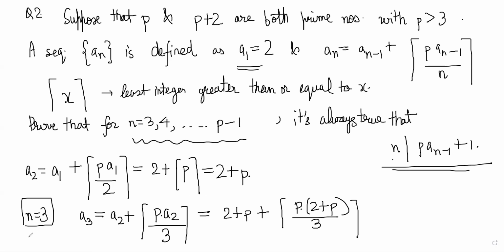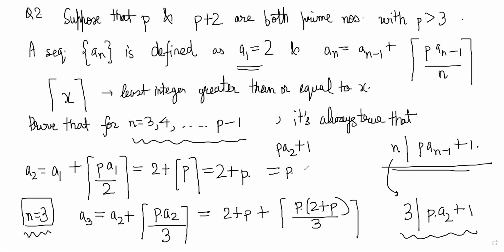Actually, for n is equal to 3, what do we have to show? Our induction statement is what? 3 divides p into a2 plus 1, right? This is what we need to prove. Now, p a2 plus 1 is equal to p into a2, which is 2 plus p, so p into p plus 2, plus 1.